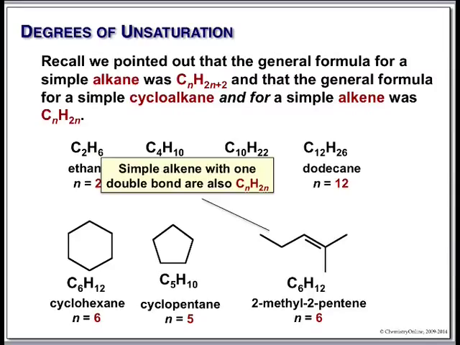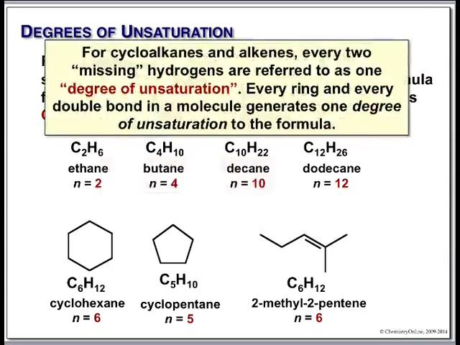Now the fact that we have 2 missing hydrogens in between alkanes and cycloalkanes and whatever is actually a useful tool when we're trying to figure out a structure. We can refer to the missing hydrogens as a degree of unsaturation.